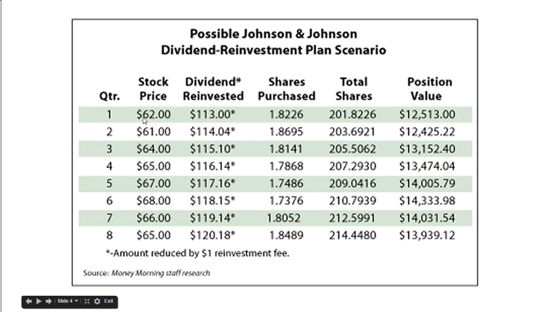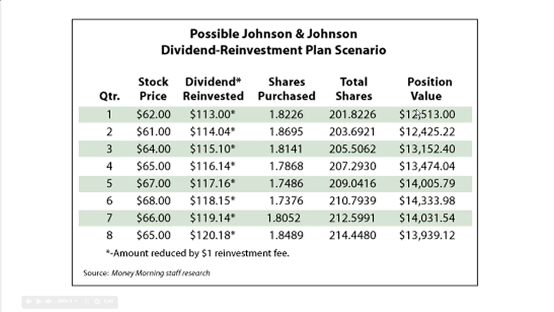Based on that $62 stock price for that first quarter, owning 200 shares, I would have gotten a $113 dividend, which would have allowed me to purchase an additional 1.8226 shares. So, if you see stock price 62, I'm getting $113 that allows me to buy 1.8 shares, which goes back into my total shares and increases my position value.